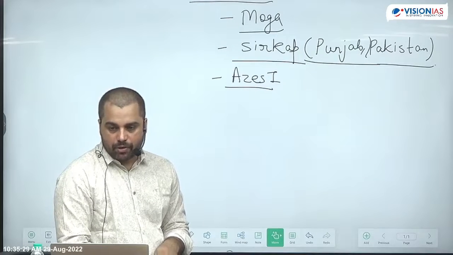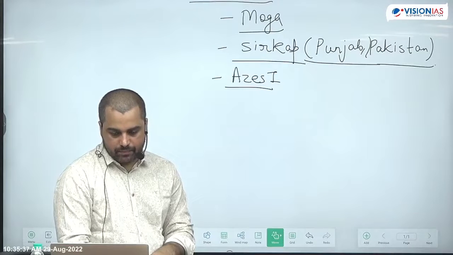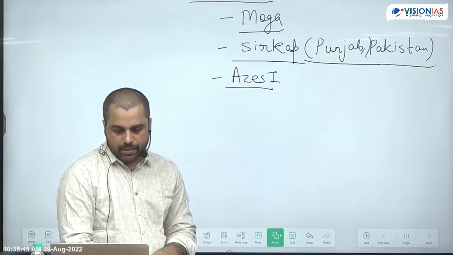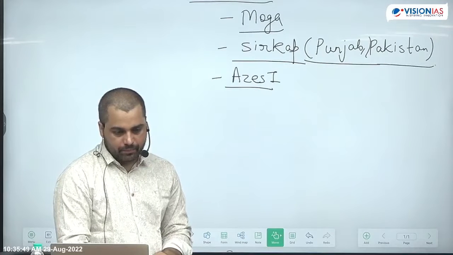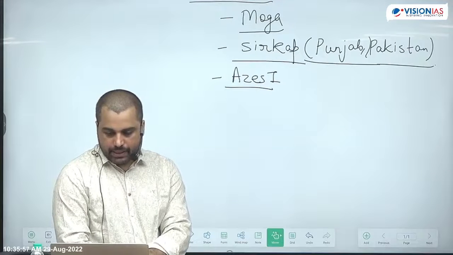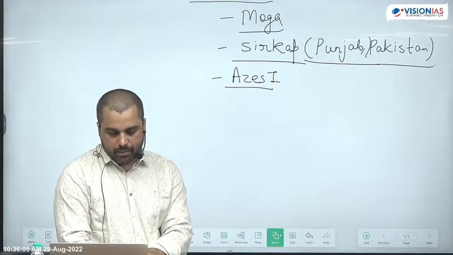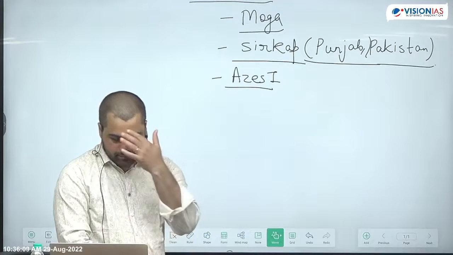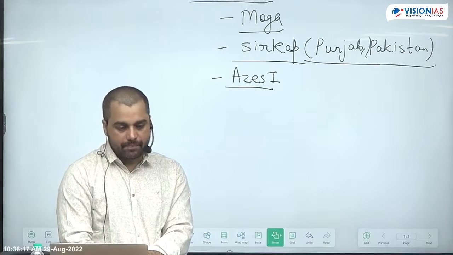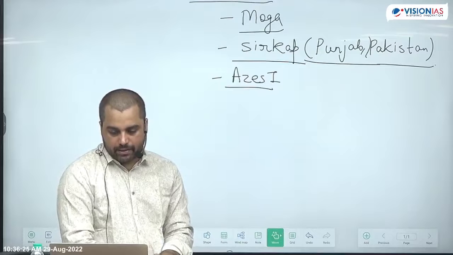Write down the next paragraph. One group of Shakas occupied the region of Rajasthan and Gujarat. They initially were subordinate rulers, but in the course of time declared their independence.